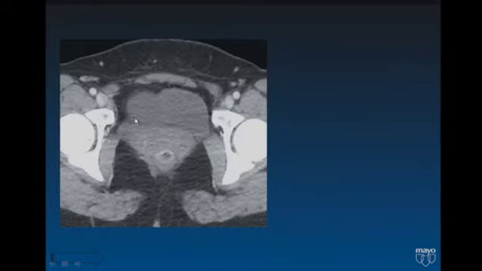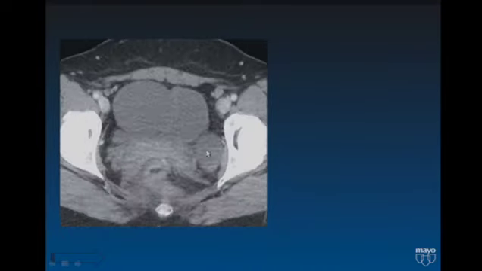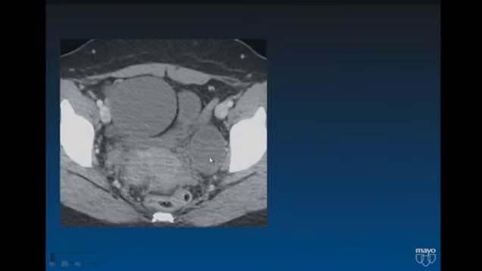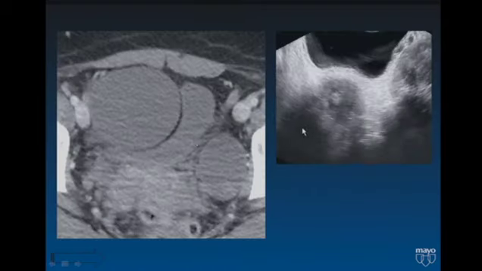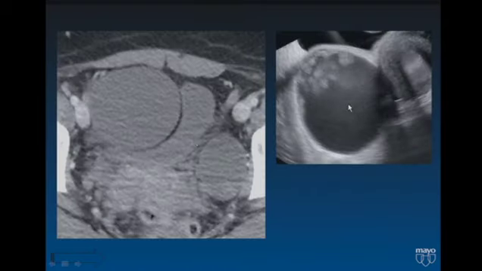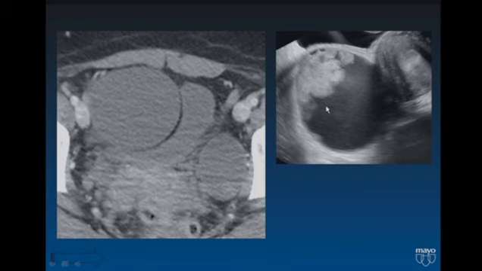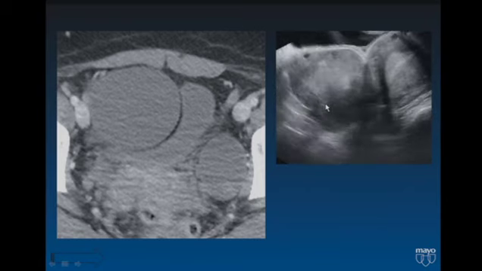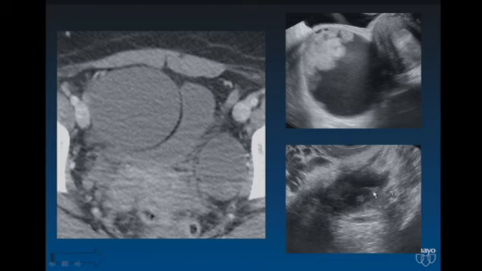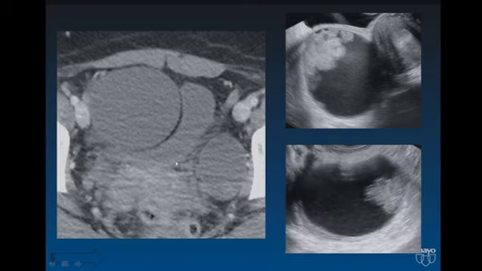And so, for example, that mass here and this mass on the left do not exhibit on the CT the same level of detail that we can see on ultrasound. And here are some examples of the ultrasound images showing you this wall nodularity on this neoplasm that turned out to be a borderline neoplasm for this patient, a borderline malignancy. And the contralateral ovary also has wall nodularity that isn't as well demonstrated on the CT.